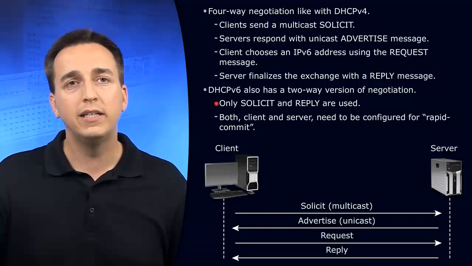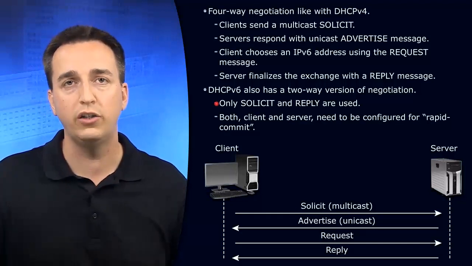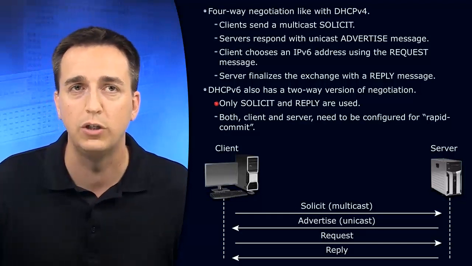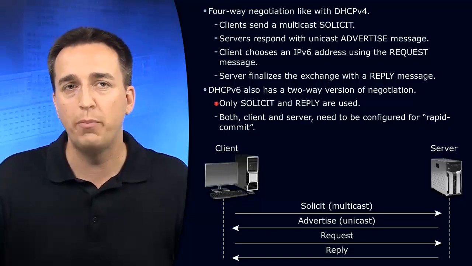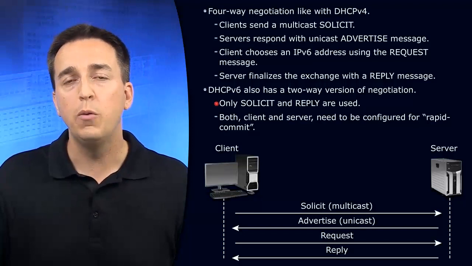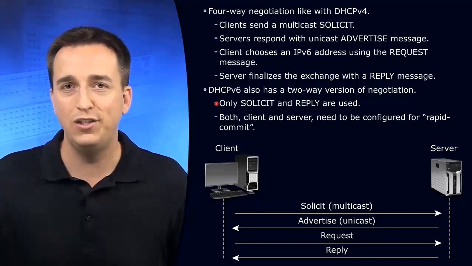If that's the case, then we want to go through this negotiation process as rapidly as possible, and we can use a two-way version instead. And in order to accomplish that, both the client and the server must be able to support the rapid commit option for DHCPv6.